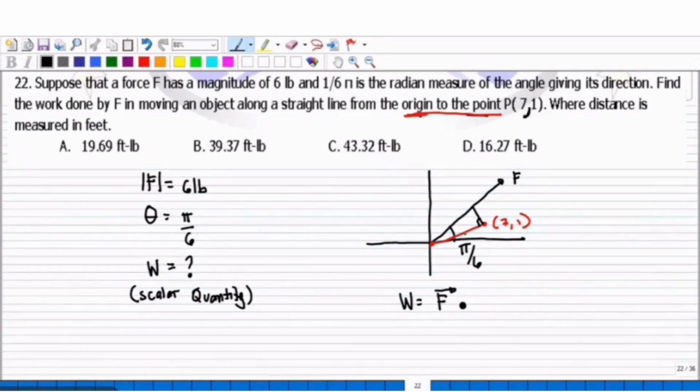Scalar product po. That your direction. So this is from the origin, so let us denote this as O going to P. So, hindi po siya unit vector, kundi it's just a position vector. So that's for work.